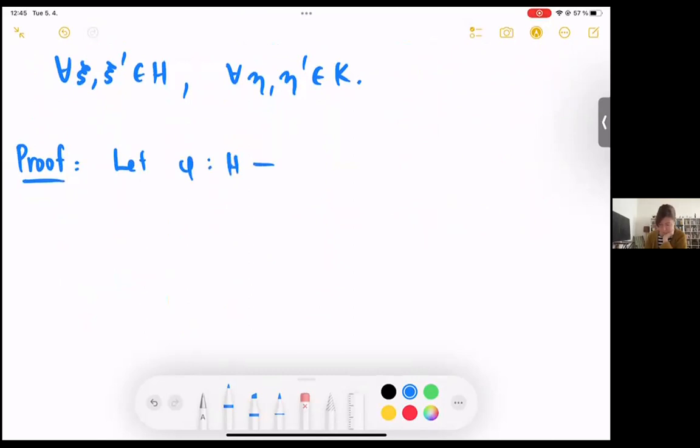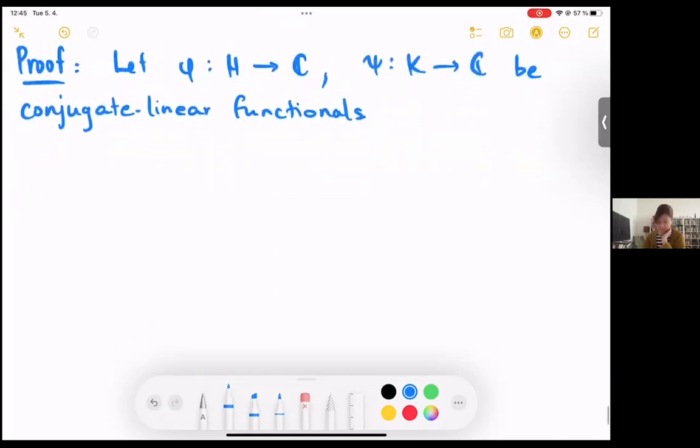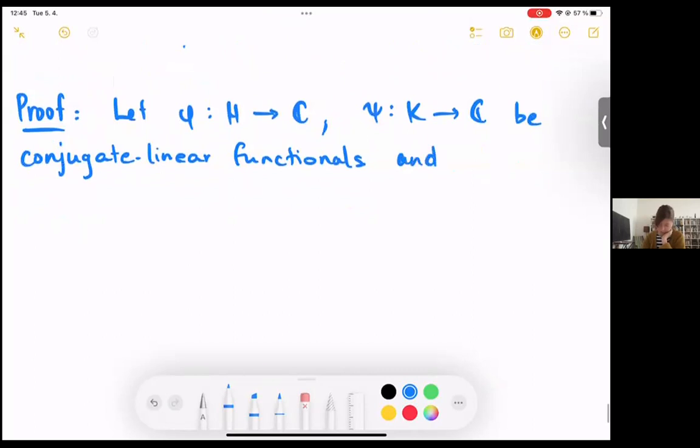So if we have two conjugate linear functionals, which we'll denote by phi bar and psi bar, they're complex conjugates, which will then be linear functionals.